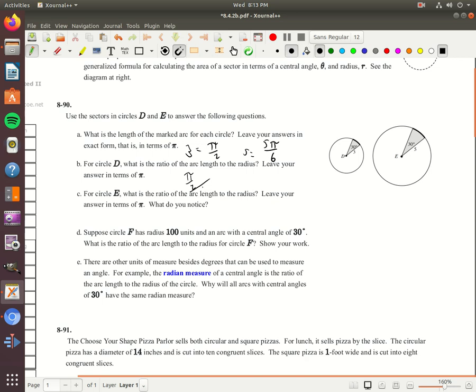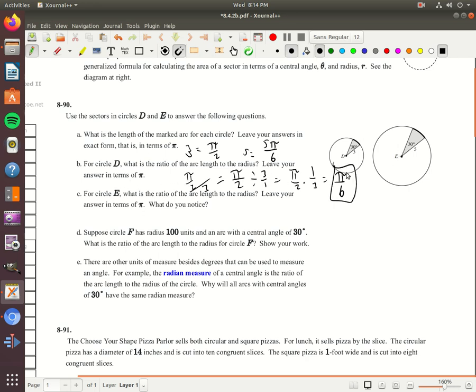Well, we would divide that by 3. This looks real ugly. So let's rewrite that so it looks better. We'll divide pi by 2, and then divide that by 3. But we never divide fractions, so that's the same as pi over 2 times 1 over 3. So we end up getting pi over 6. So that's going to be our ratio there.